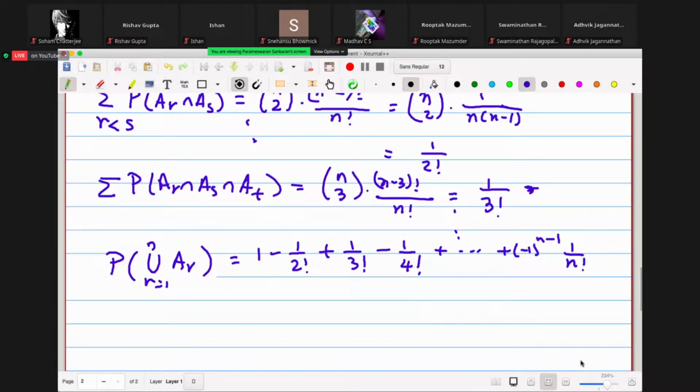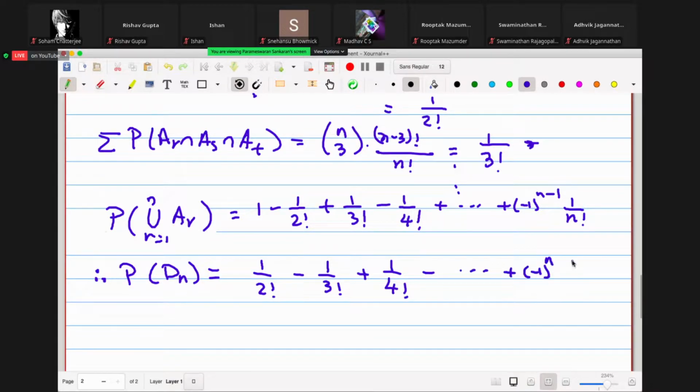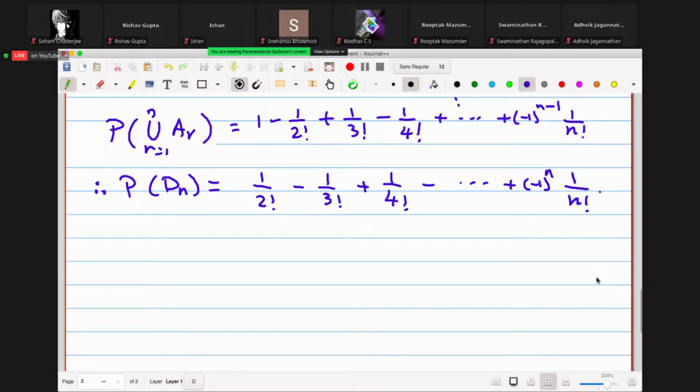Now, therefore, the probability of a permutation being a derangement is 1 minus this. So that is 1 by 2 factorial minus 1 by 3 factorial plus 1 by 4 factorial minus and so on, plus minus 1 power n, 1 by n factorial. If you want, you can throw in that plus 1 and minus 1.